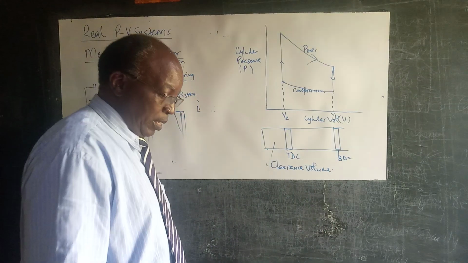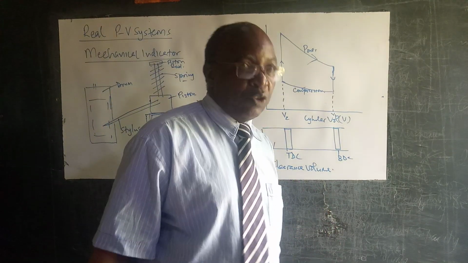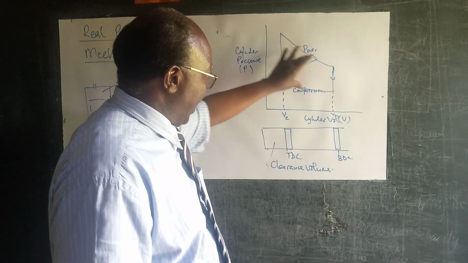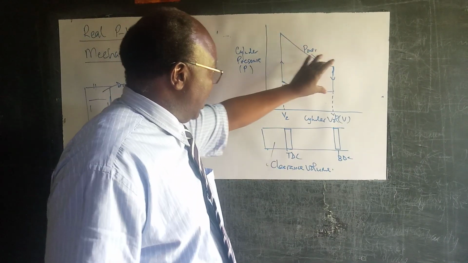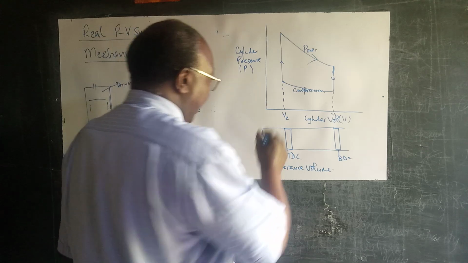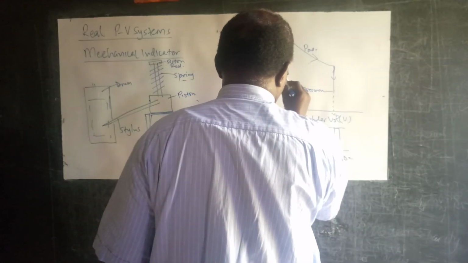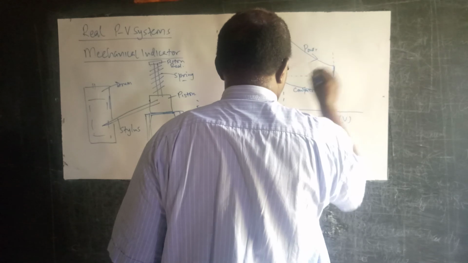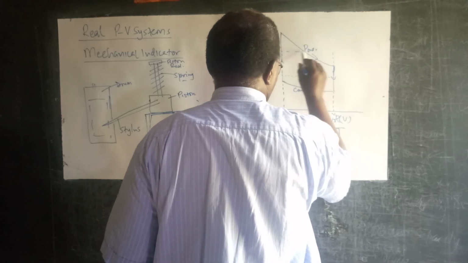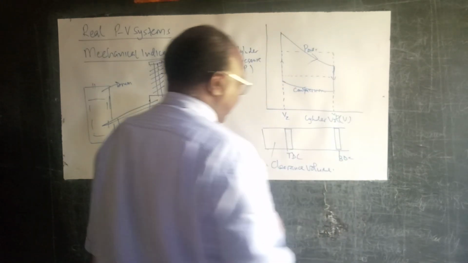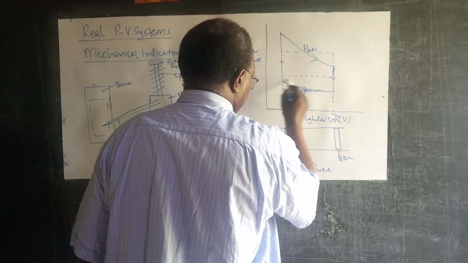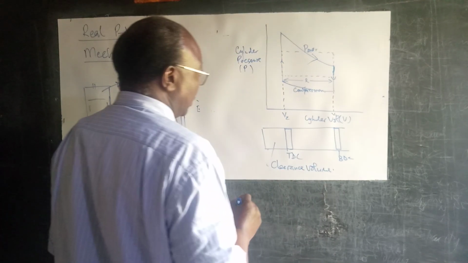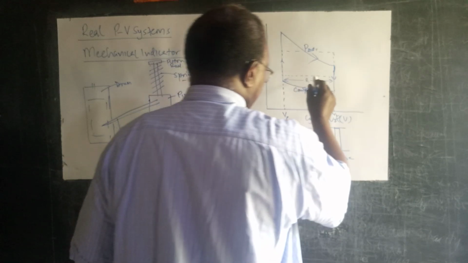Now, whatever figure we get, which is normally rectangular, will correspond to the area under this PV profile. So that rectangle there, that is its length.